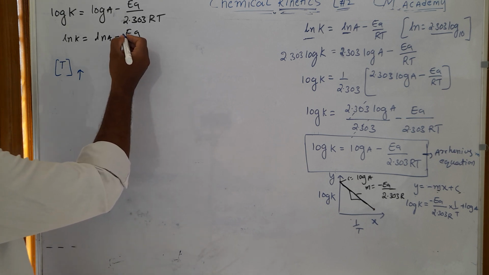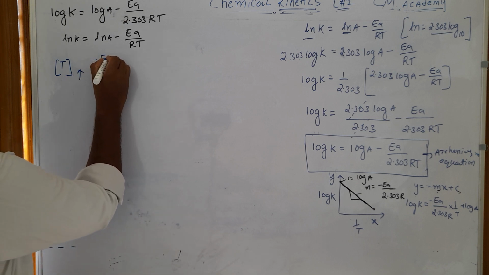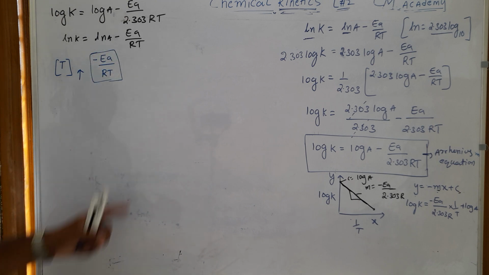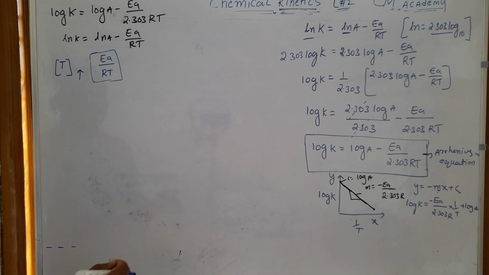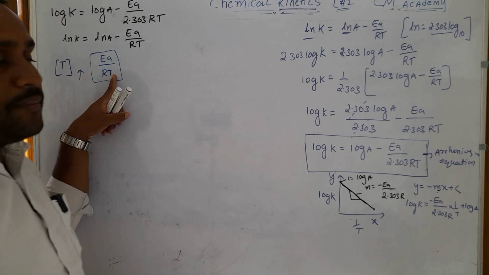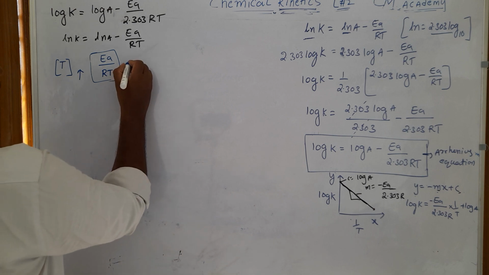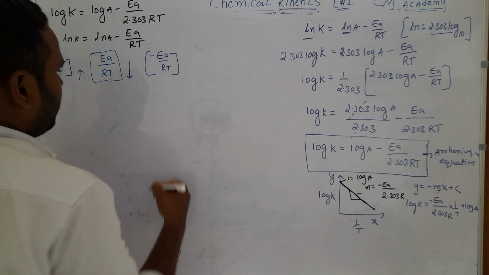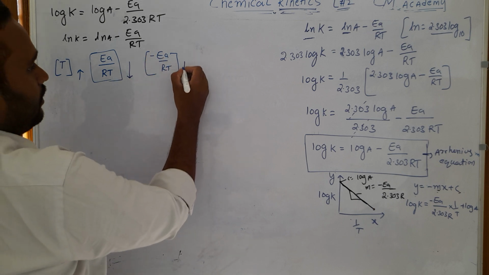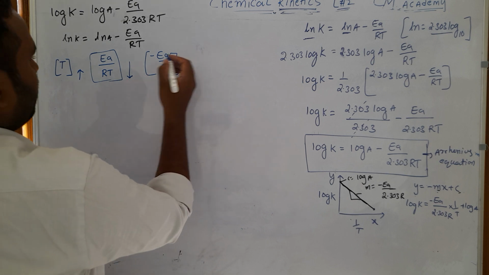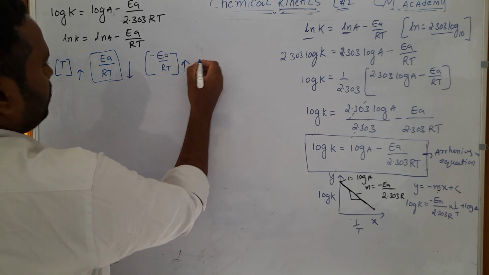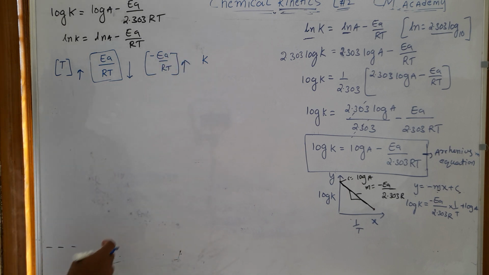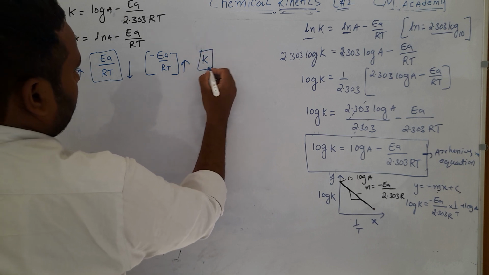Temperature is in the denominator term, so the total value Ea by RT decreases. And then minus Ea by RT: since Ea by RT decreases, minus Ea by RT increases, which means the total value, the rate constant k, increases.